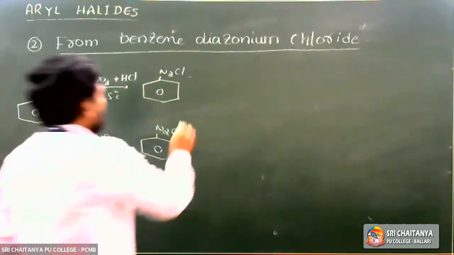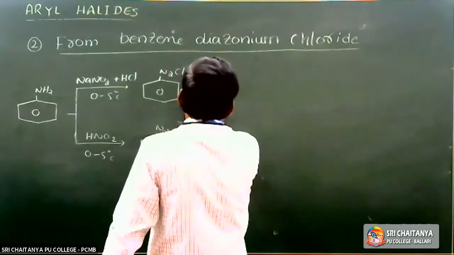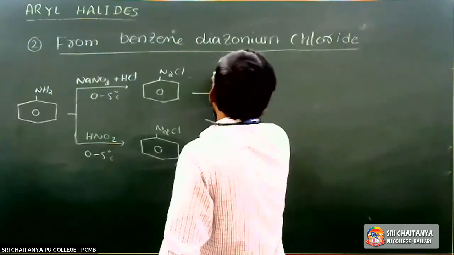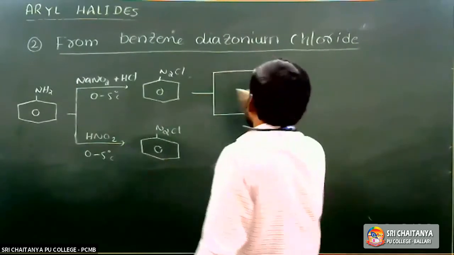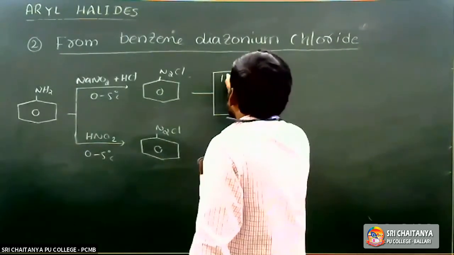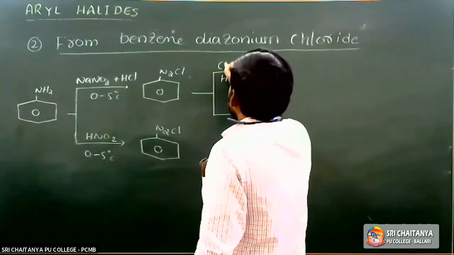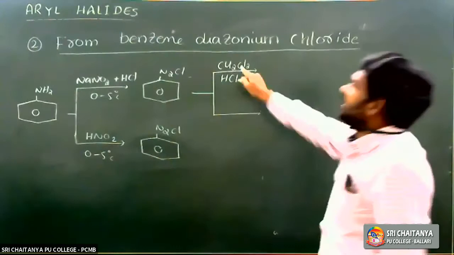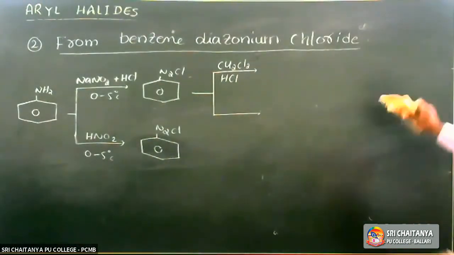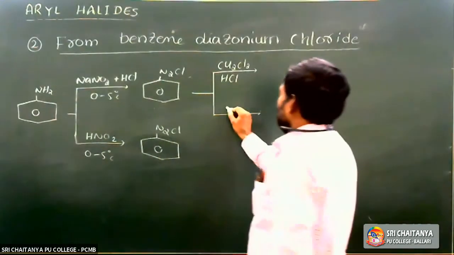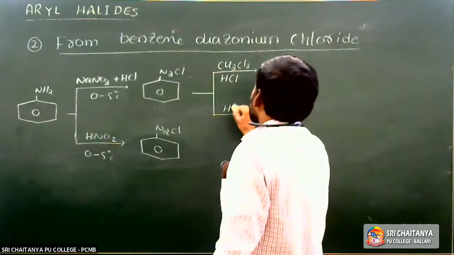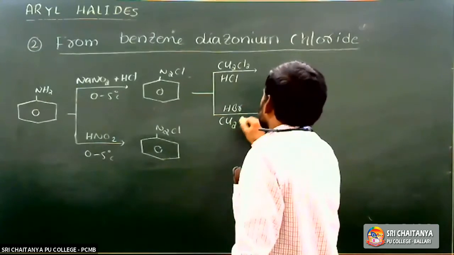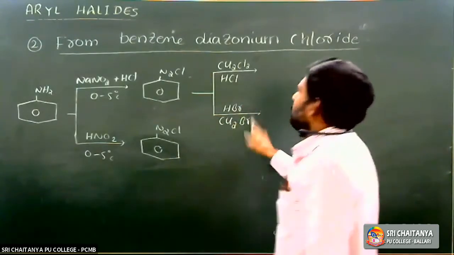Now this benzene diazonium chloride is treated with HCl and Cu2Cl2, which is cuprous chloride. Next, when it reacts with HBr in the presence of Cu2Br2, that is cuprous bromide.